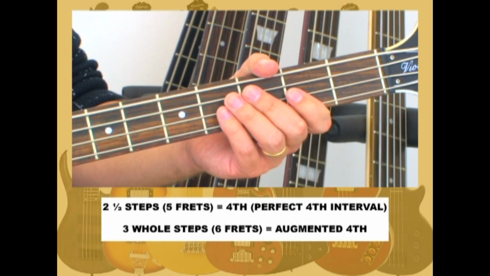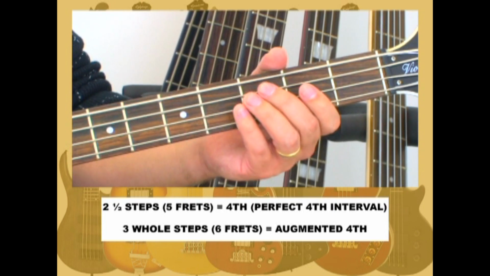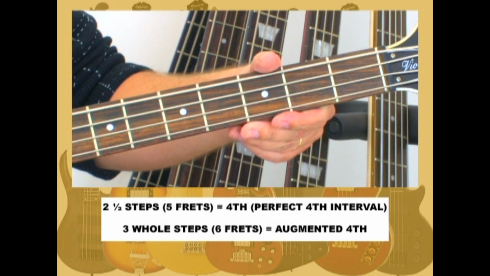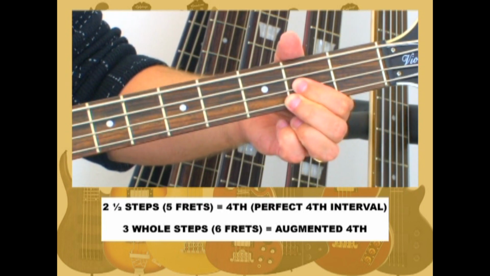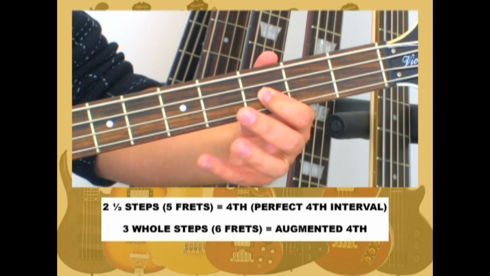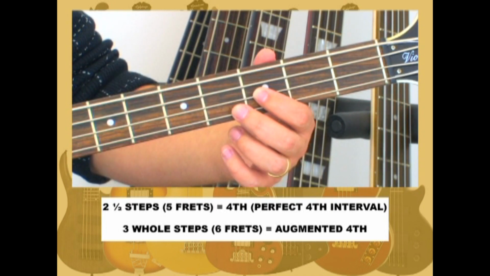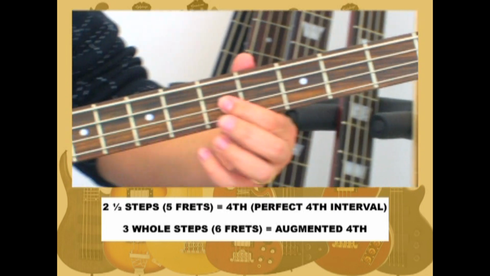So for most of the scale, we have fourth intervals, which is also called a perfect fourth interval, with the exception of F, which uses an augmented fourth interval, and back to fourth or perfect fourth intervals for the remaining scale notes.